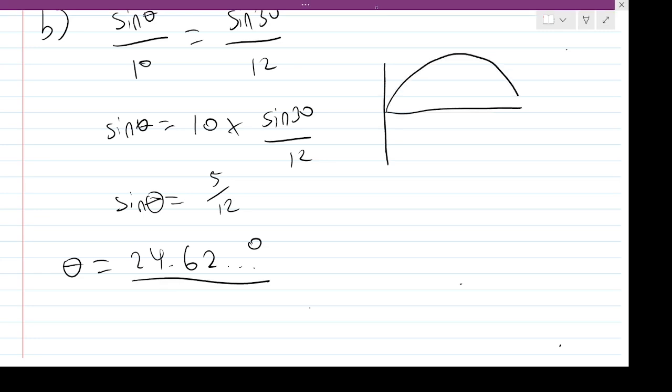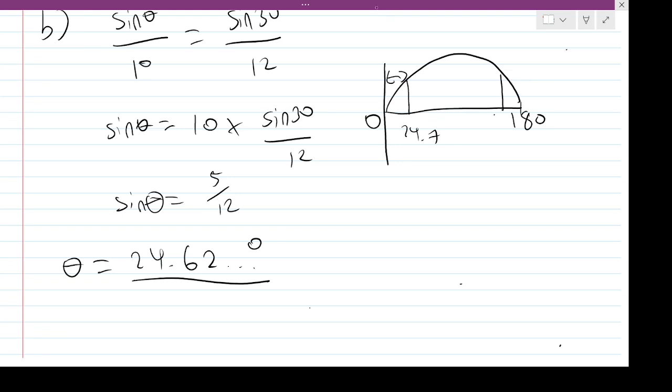If we draw the sine curve between 0 and 180, this solution is 24.7, that's probably going to be about there, say. Then if we read off the graph, the other solution will be about there, right? And the gaps are the same between either end and the solution, although that's a bit off. Hopefully you can see that they are indeed the same gap.